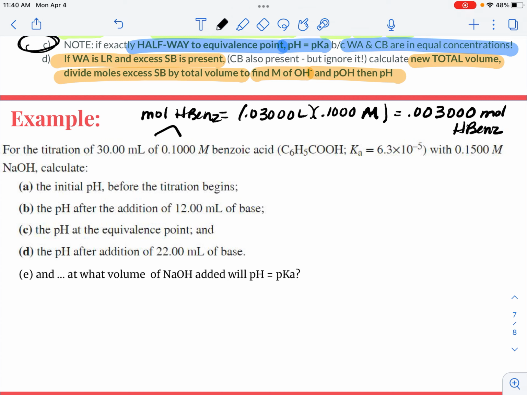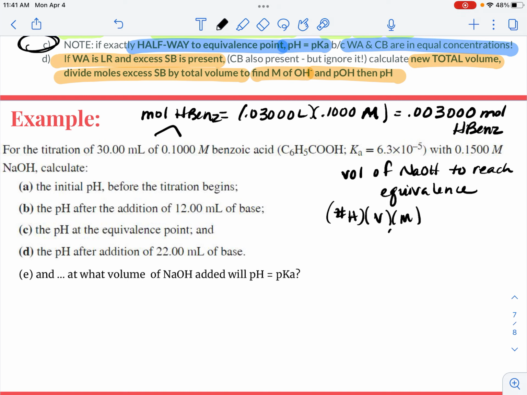The other thing that I'm going to do is find the volume of NaOH to reach equivalence, just so that I have that benchmark. All right, and I showed you in class, I think, how to use VM. So this would be number of hydrogen times volume times molarity of the acid, equals volume times molarity of the base times the number of OH minuses.